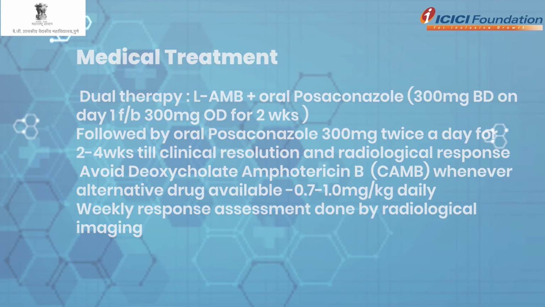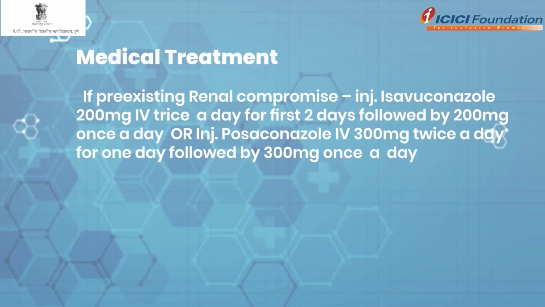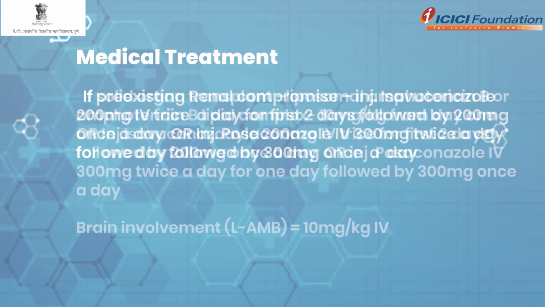After 2 to 3 weeks of amphotericin B therapy, consolidation therapy with posaconazole or isavuconazole for 3 to 6 months should be continued. If the patient has renal compromise, then you can give isavuconazole or posaconazole.